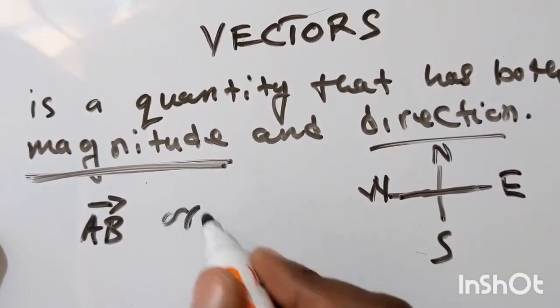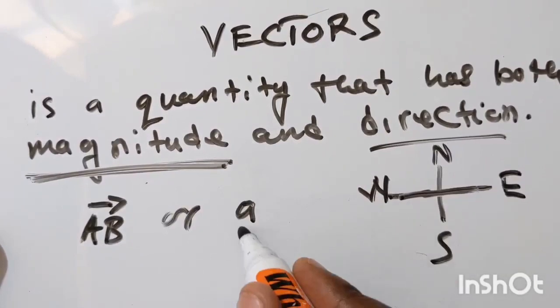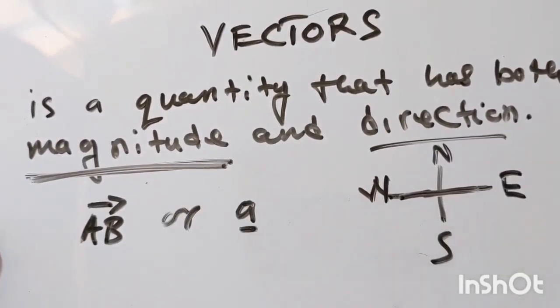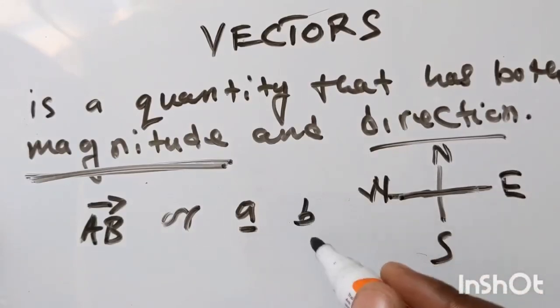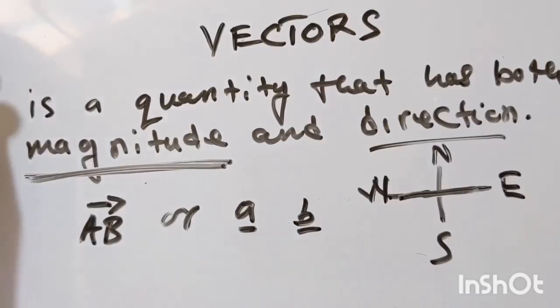It can also be represented as a small letter a with a bar, or a small letter b with a bar. So when you find something like this, just know that they are talking about vectors. These are the vectors that we do in mathematics.